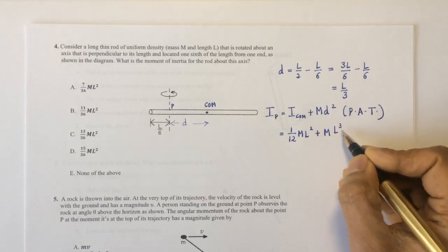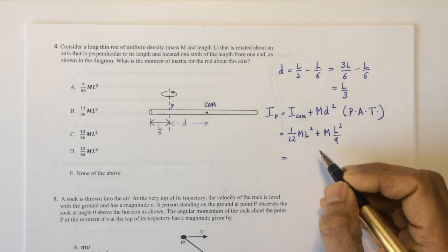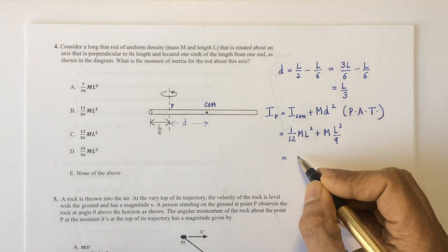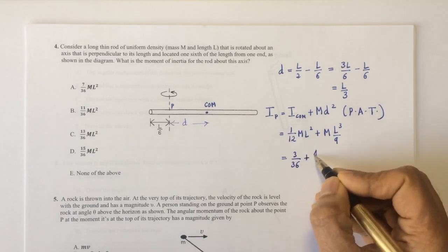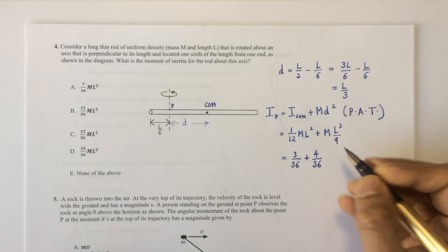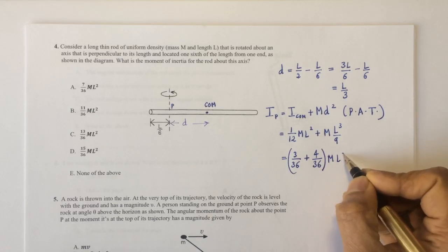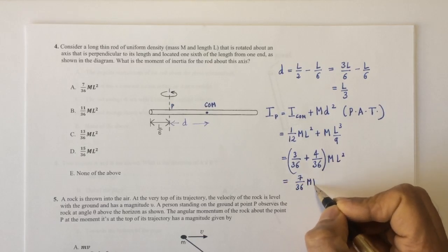So that's going to be m L squared over 9. And now we have to add 1/12 and 1/9. 36 is the common denominator, so I'll write this as 3 over 36 plus 4 over 36, and so that's going to be 7/36 m L squared.